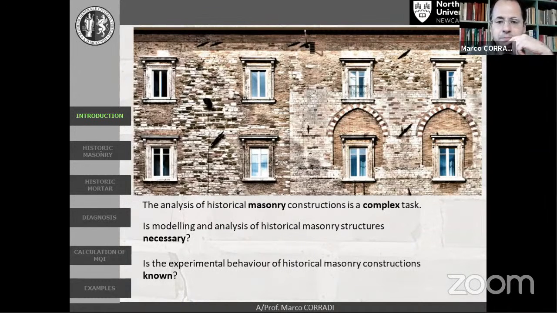We have perfectly cut stone masonry, thick joints, dry masonry, stone masonry, pebbles, rounded stones. So it's a very difficult situation, and the mechanical properties as a consequence have a very large scattering. A similar situation, maybe a little bit better, can occur also in brickwork masonry.